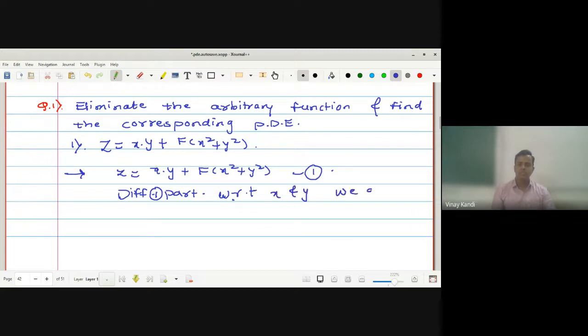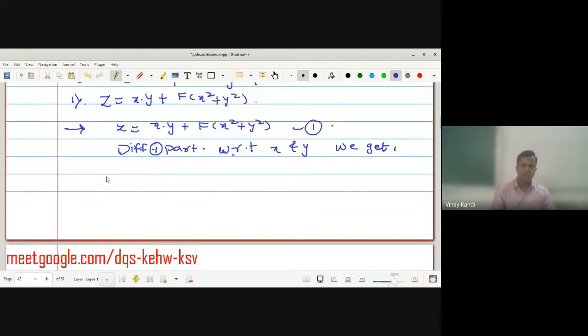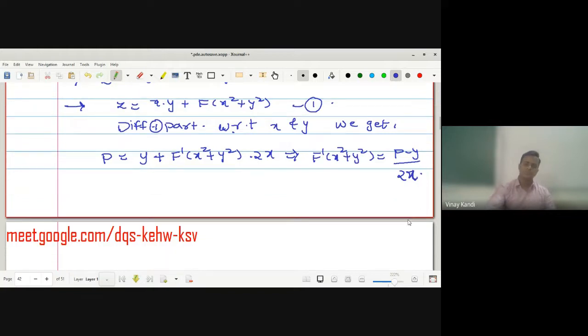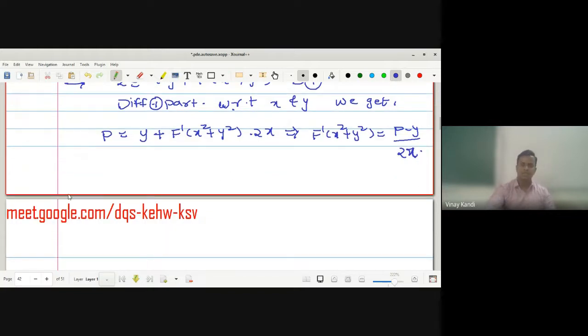So we get p, that is del z by del x, is equal to y plus f dash of (x square plus y square) into 2x, which implies that f dash of (x square plus y square) is equal to (p minus y) upon 2x. Any doubt? Calculation part is okay.